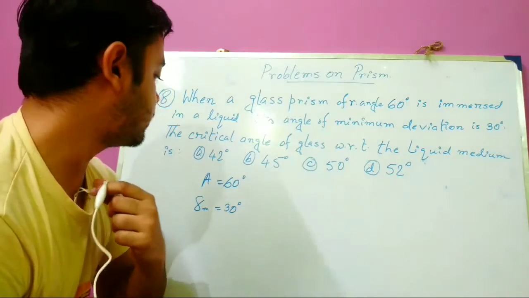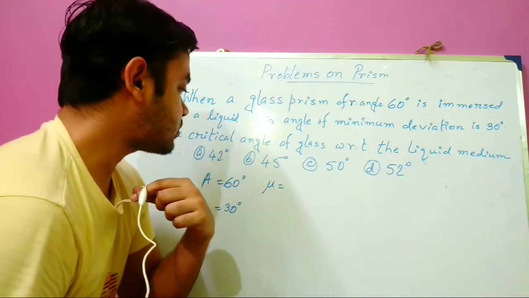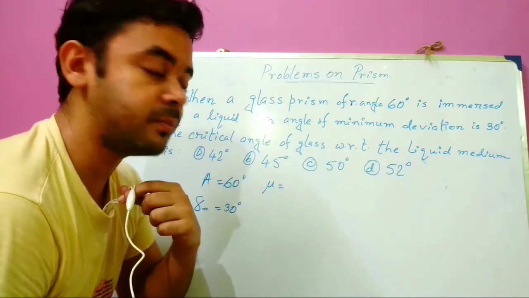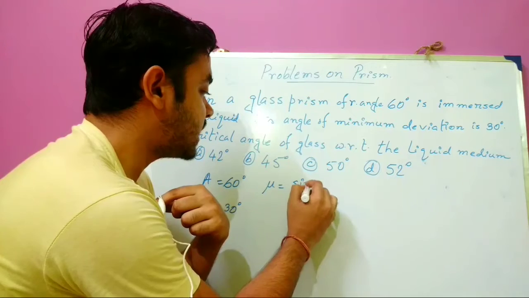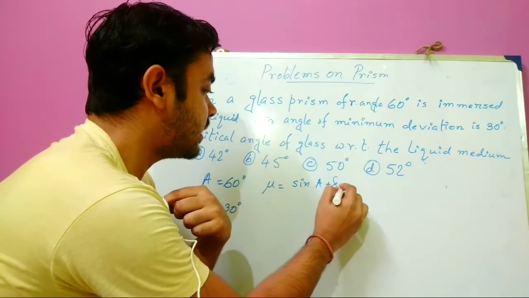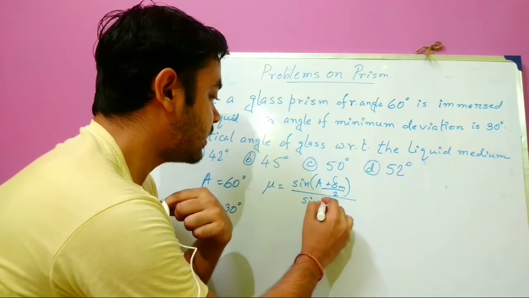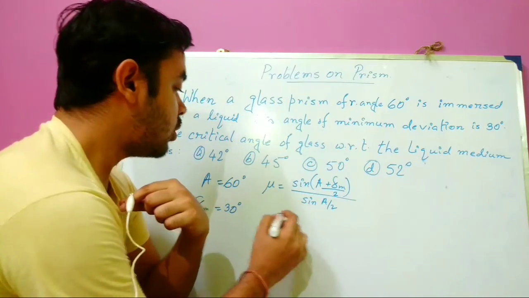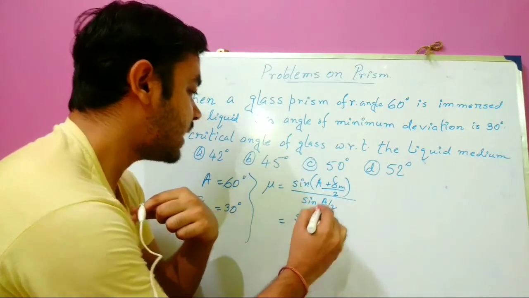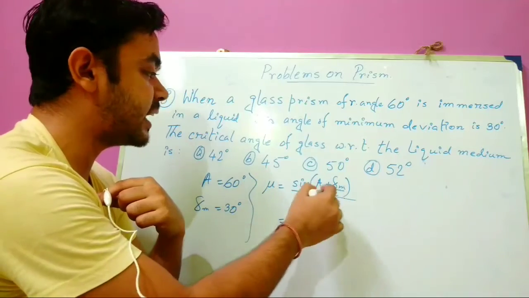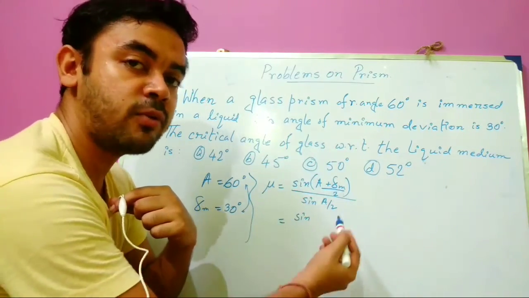The critical angle of the glass with respect to the liquid medium is asked. So we know the formula of minimum deviation: mu, the refractive index of the material of the prism, is given by mu equal to sine of (A plus delta m) by 2 divided by sine A by 2. Now put these values in this equation. It is very simple. A plus delta m equal to 90 degree, divided by 2, that means it is 45 degree.